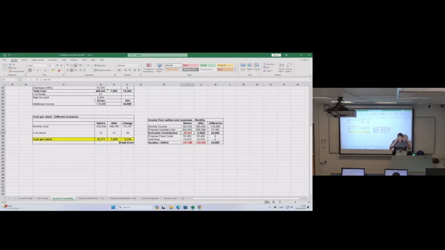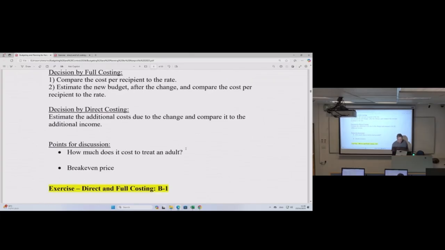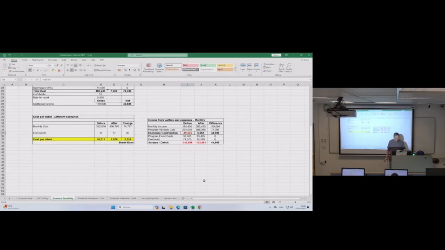All right, now here we have an interesting issue, which is how much does it cost to treat an adult? The reason I'm raising this point is that this is a very, very common question, especially by donors, like foundations, federations. You want to raise money for a program that has human clients, and they always ask you, tell me what is the cost of a client so that I know, if I give you $100,000, how many more clients can I fund?